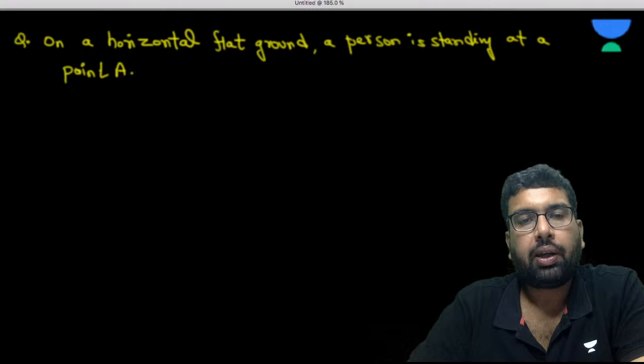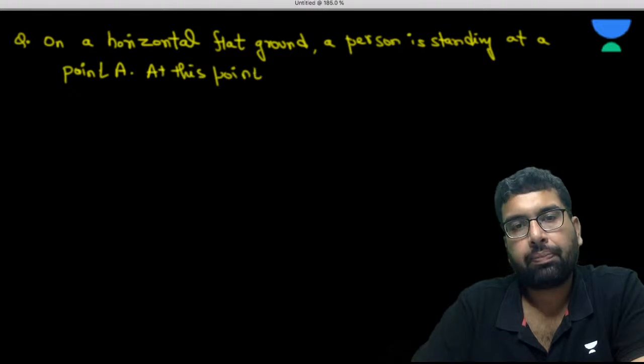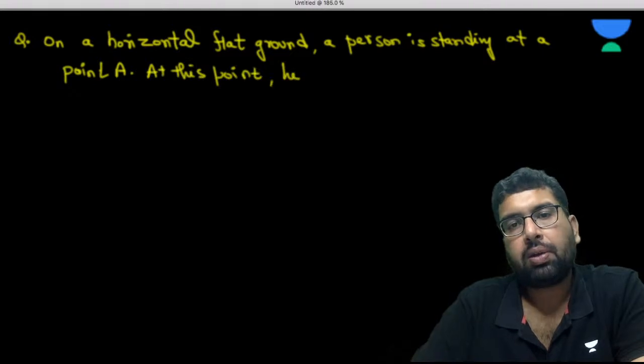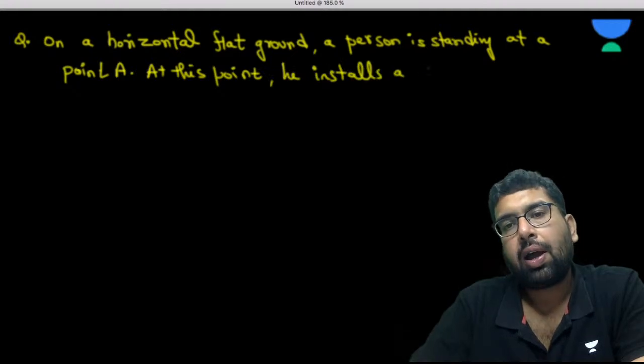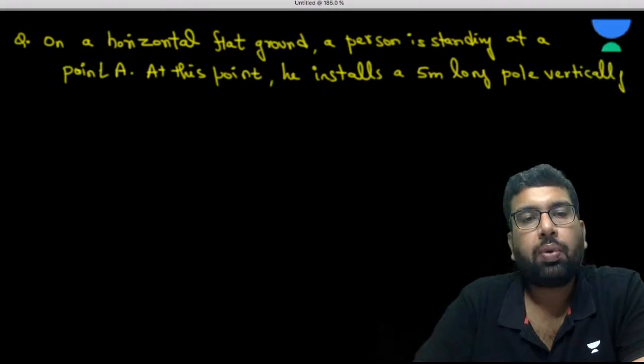At this point, he installs a 5 meter long pole vertically.